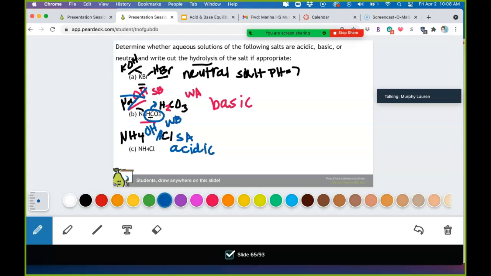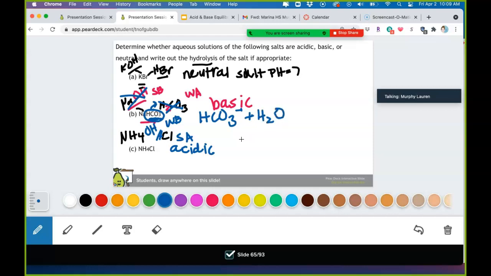So when I go to write the hydrolysis, you do not use the acid. We're doing hydrolysis of a salt, not of an acid. You take that guy. This is my part of the salt, Na plus and HCO3 minus. This is my strong conjugate base from the weak acid. And it undergoes hydrolysis, aka you add water to it.